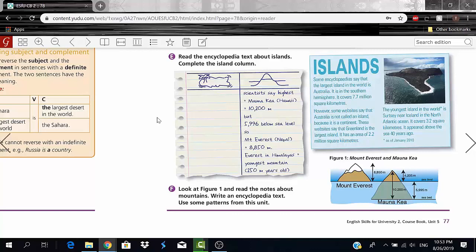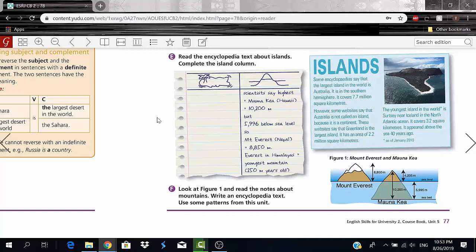It has an area of 2.2 million square kilometers. The youngest island in the world is Surtsey near Iceland in the North Atlantic Ocean. It covers 3.2 square kilometers. It appeared above the sea 40 years ago, as of January 2010.